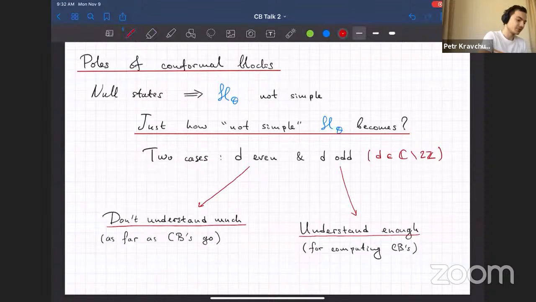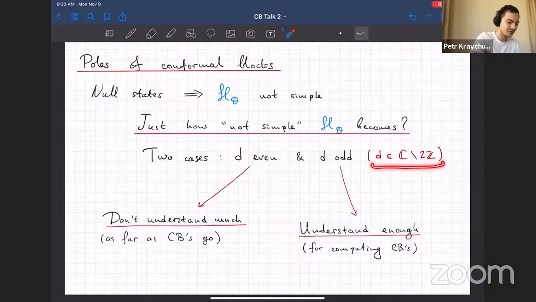I don't want to discuss what it means to have a conformal algebra in fractional numbers of dimensions, but once you get to the final conformal blocks, you can analytically continue in D. The odd-dimensional case corresponds to generic values of D, and it's the even-dimensional values which are special. In the case of odd dimensions or generic complex dimensions, we understand enough to be able to compute conformal blocks.